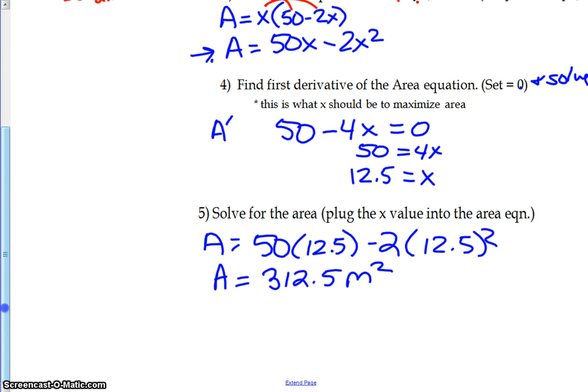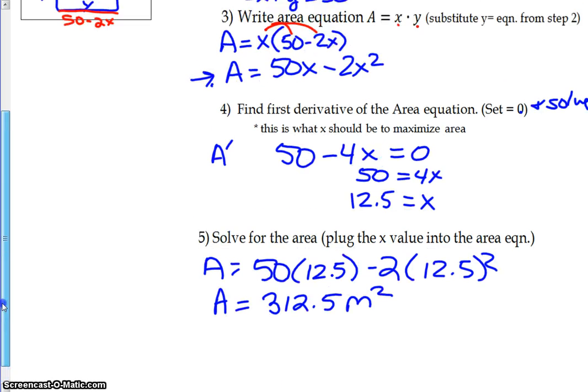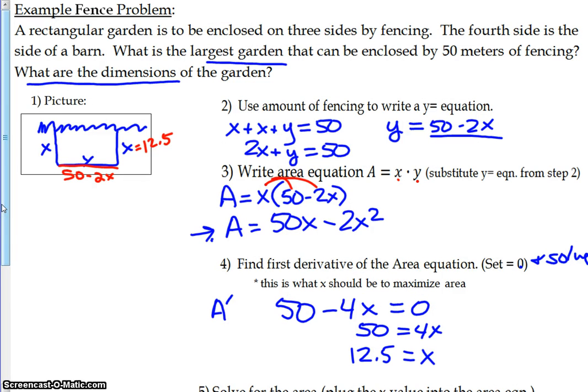Instead of doing it that way, I could have gone back to my picture if I was a more visual person, and said I know that one dimension is 12.5. The other dimension is 50 minus 2 times my first dimension, so the other dimension is 25.